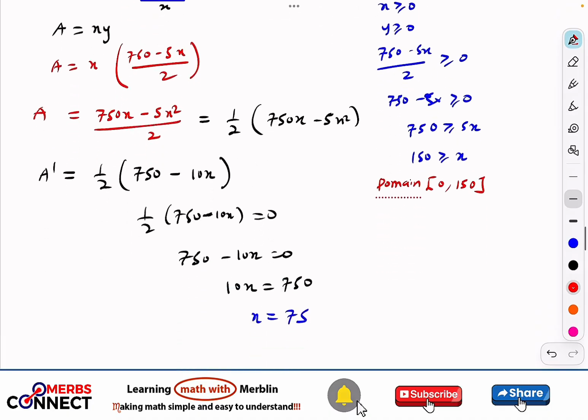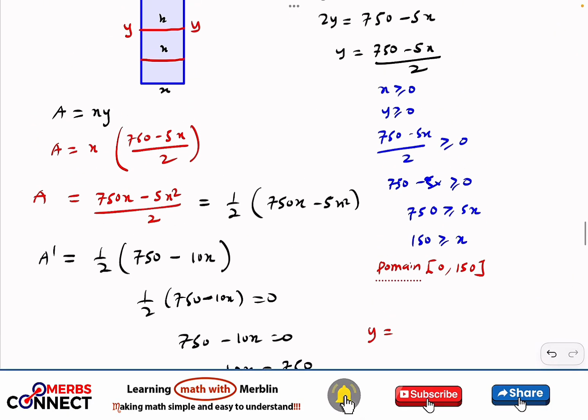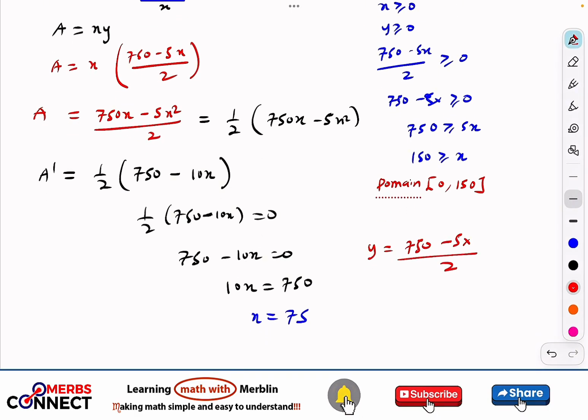So what is y? y is equal to this, 750 minus 5x divided by 2. So let's plug it in and see what we are going to get. So 750 minus 5 times 75 divided by 2.